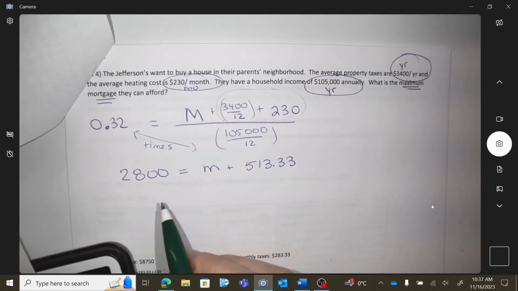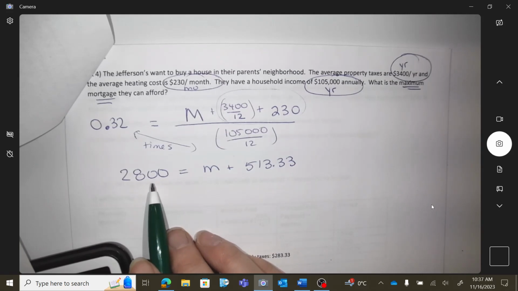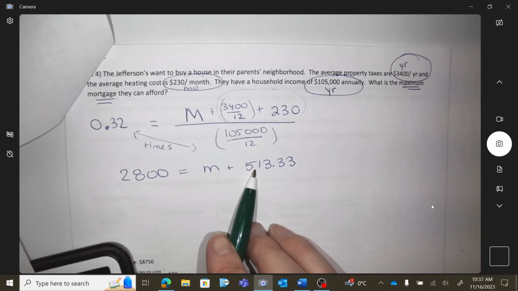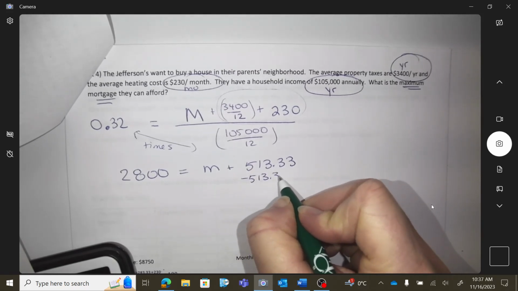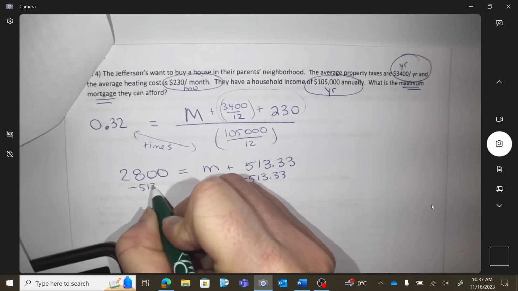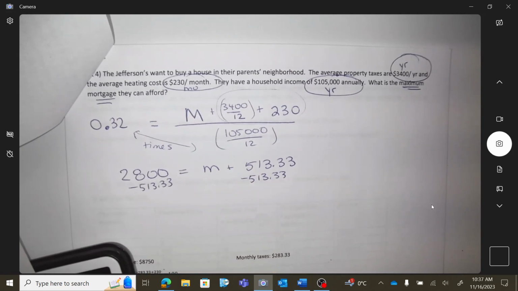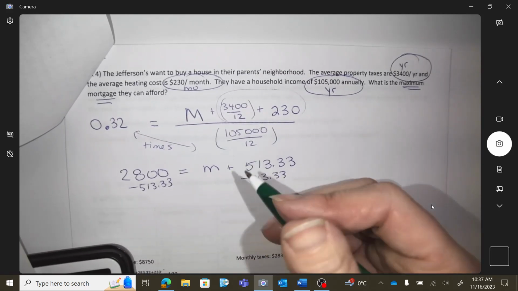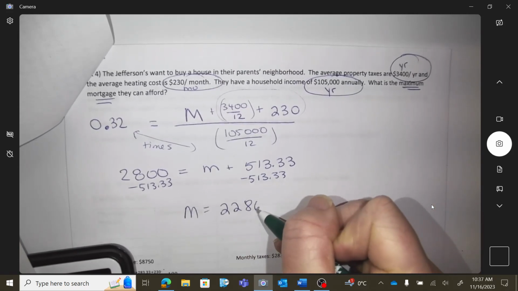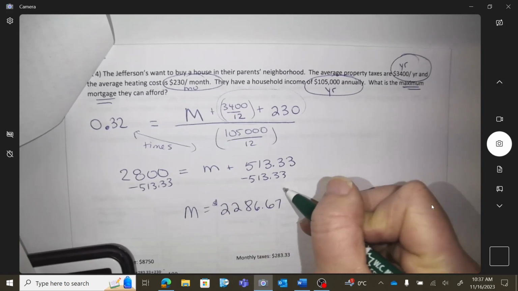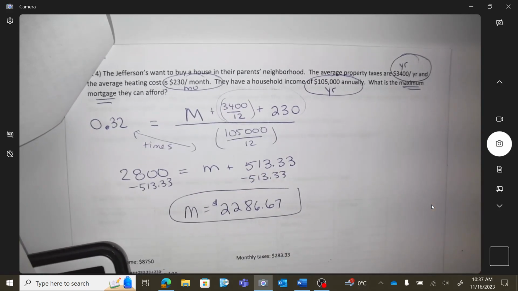Okay. So $2,800 is how much you can afford a month. And then you have these additional expenses. So then let's take those expenses off. Leaving you with, this is how much you can afford on a mortgage payment.